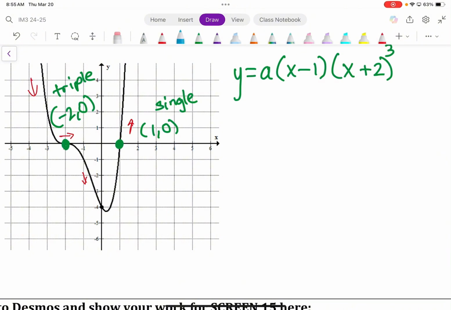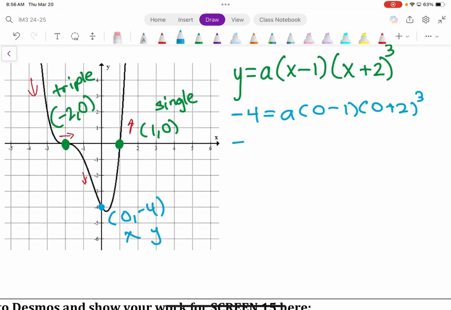So let's pick a point like the y-intercept, which is 0 and negative 4, to serve as our x and y values. So we can replace that into our equation. So negative 4 equals a times 0 minus 1, times 0 plus 2 to the third. And let's solve for a.